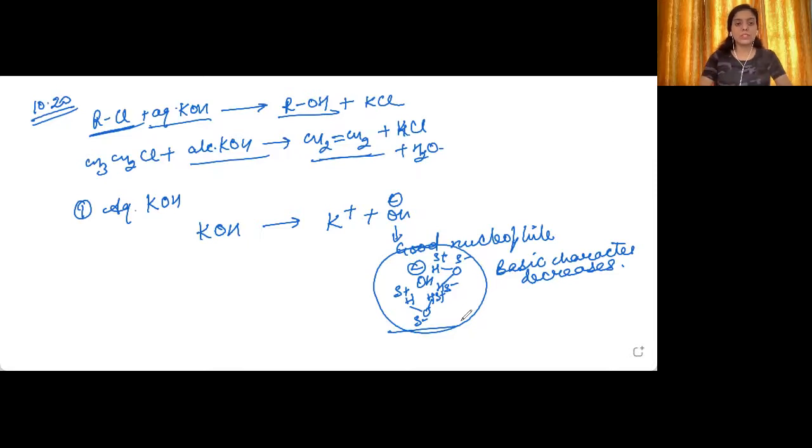Okay, let's now move into the second reagent, that is alcoholic KOH. Okay, so when we are talking about alcoholic KOH, what will happen? KOH has been dissolved in alcohol. Most of the times the alcohol is ethyl alcohol. Okay, so we can take ethyl alcohol here.